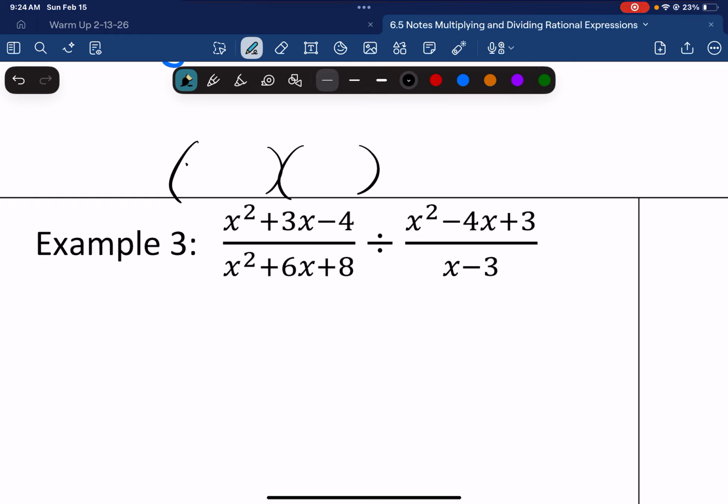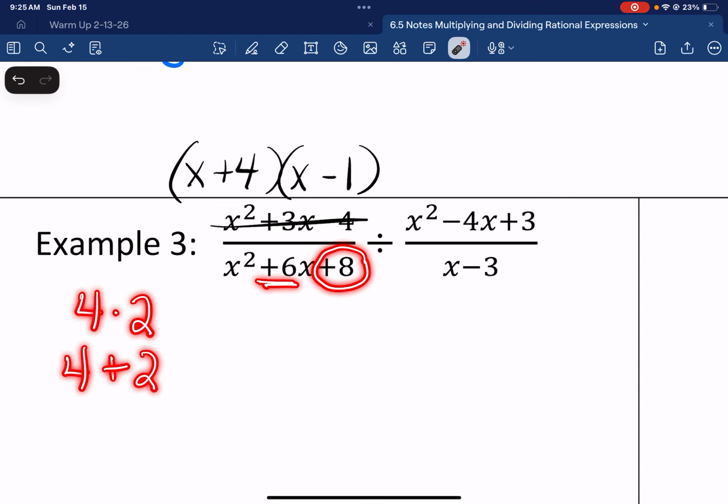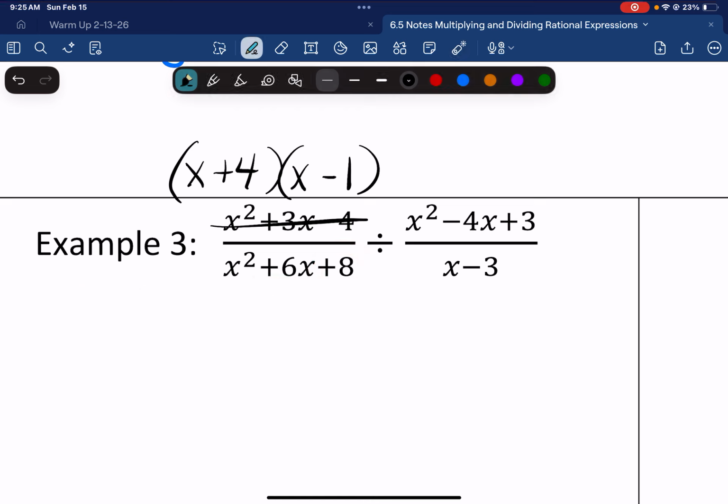So we're going to use x plus 4 times x minus 1. Okay, that's our numerator. Our denominator, what are the factors of positive 8 that add to give me 6? Well, I know 4 times 2 gives me 8, and if I were to add those two factors together, we would get positive 6. So we'll go ahead and factor this into x plus 4 times x plus 2.